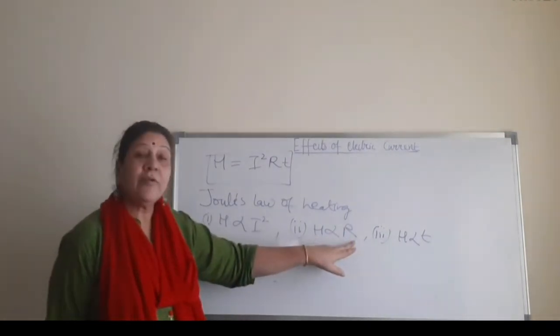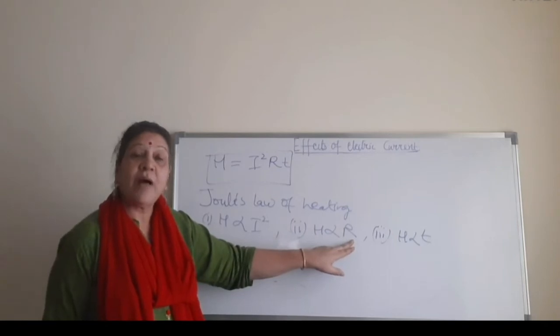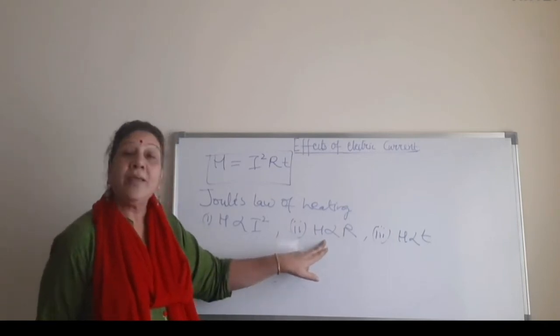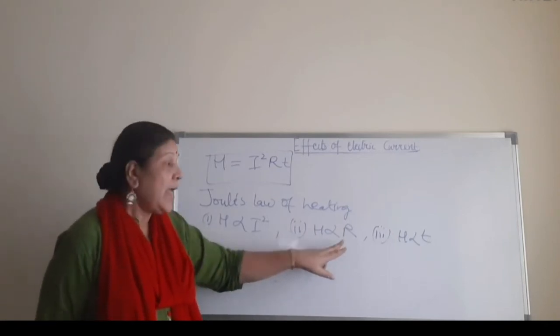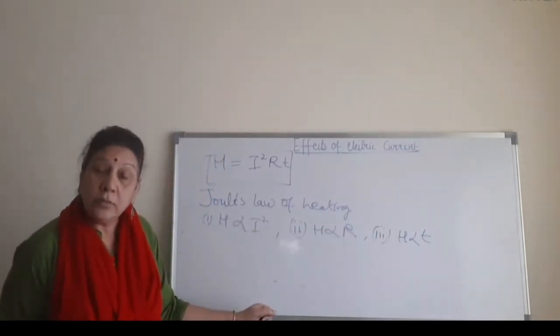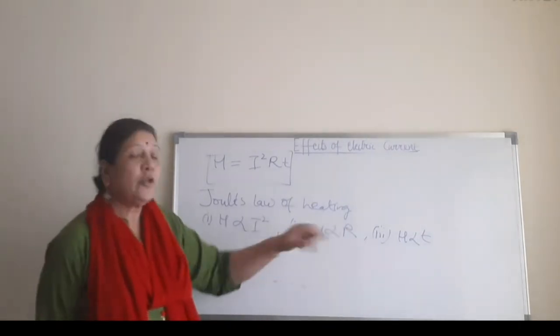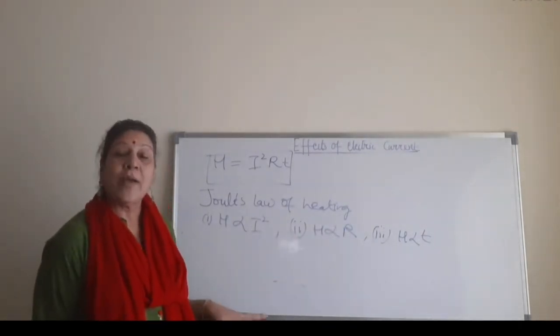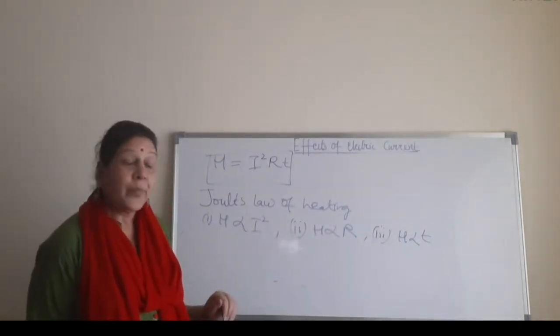If I increase the resistance, taking 2R instead of R, the heat energy also will be doubled. And the same goes with time. If the time duration becomes double, or 2t, then H, the heat energy, also will be twice the original value.